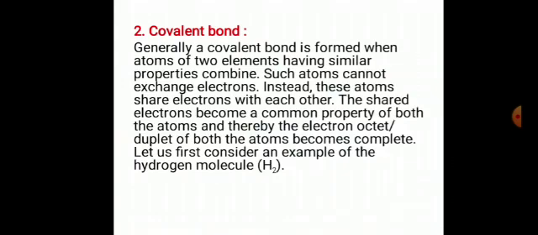We are going to study in detail covalent bond. Generally, a covalent bond is formed when atoms of two elements having similar properties combine. Such atoms cannot exchange electrons. Instead, these atoms share electrons with each other. The shared electrons become a common property of both the atoms, and thereby the electron octet or duplet of both the atoms become complete.